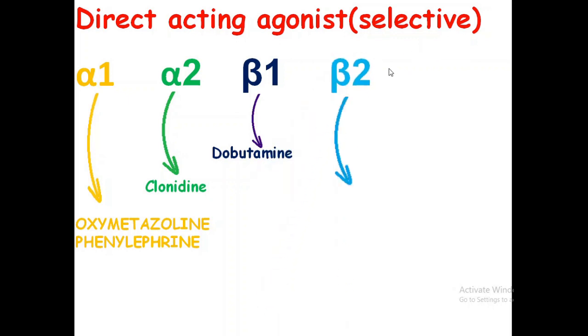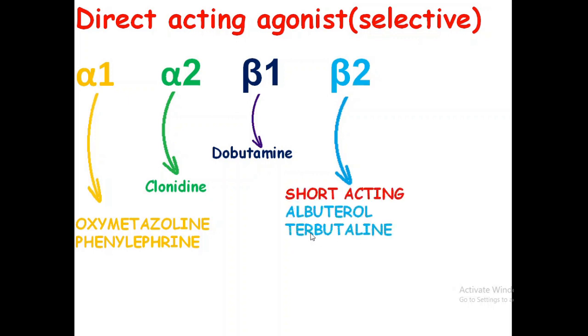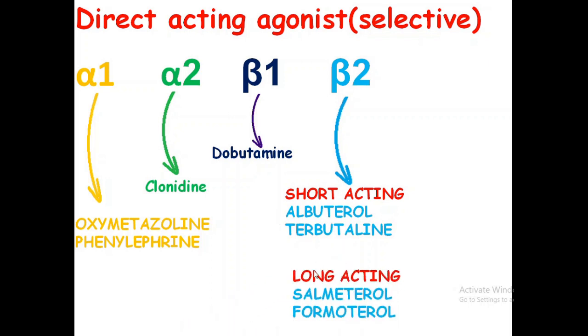Next we have beta 2 selective agonists, which stimulate beta 2 receptors predominant in the lungs and lead to bronchodilation. These agents are classified by duration of action. So we have short duration of action and long duration of action drugs.